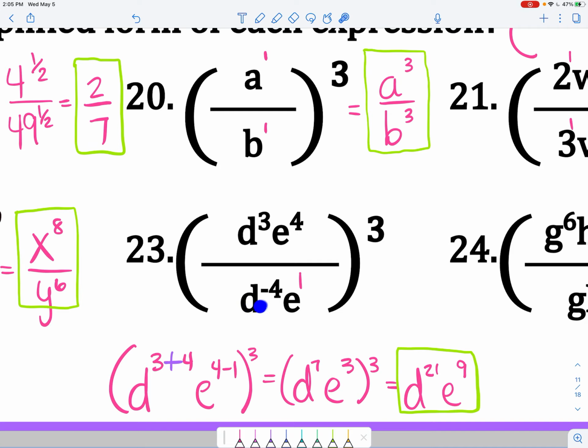You have a base d, so you can do 3 minus negative 4, which turns to 3 plus 4, giving you 7. And then e to the power 4 minus 1, giving you 3. All still sitting inside that parentheses with that exponent of 3 on the outside. I can then multiply that exponent of 3 to each thing, giving me this as my final answer.